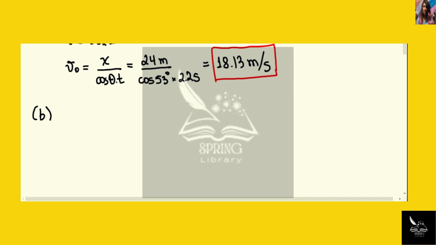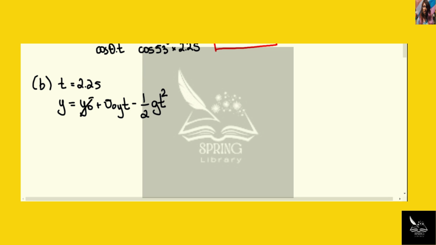We have that when the ball is clearing the wall, when it's right above the wall, t is equal to 2.2 seconds, and y is equal to y0 plus v0y t minus 1/2 of g t squared. y0 is 0. v0y is v0 times sine theta times t minus 1/2 of g t squared.